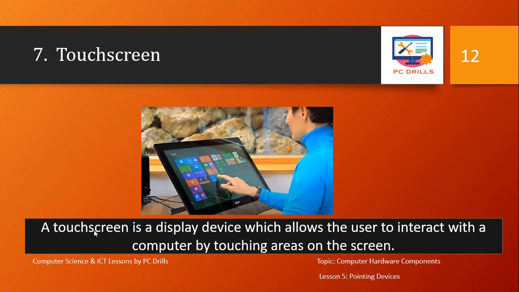Even if it's an application, you don't need to use the mouse, you just touch directly with your hand. The definition here is: a touchscreen is a display device which allows the user to interact with a computer by touching areas of the screen.